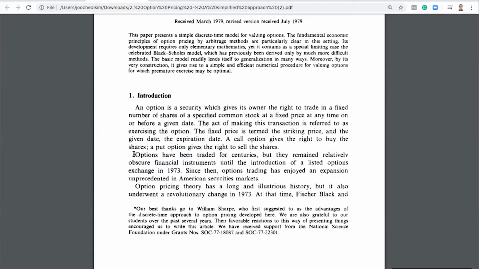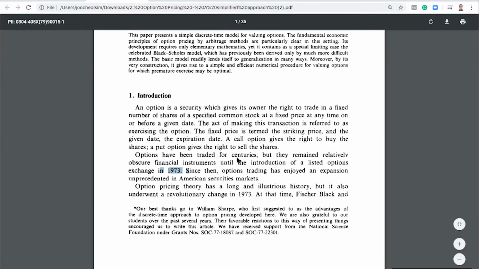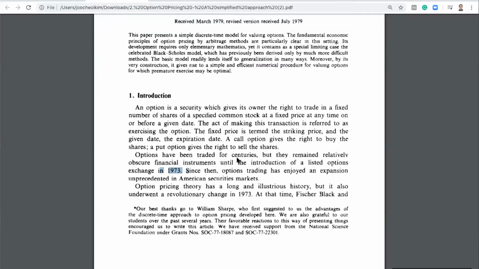They said that options have a very long history, but usually ordinary people did not know about options. They came to the world's attention in 1973 with the introduction of a real exchange market for options, the official markets in the United States.